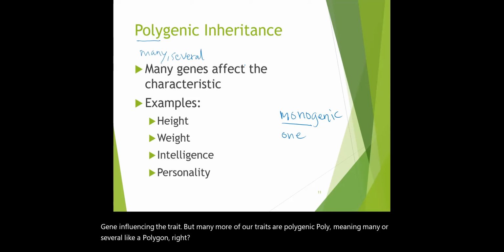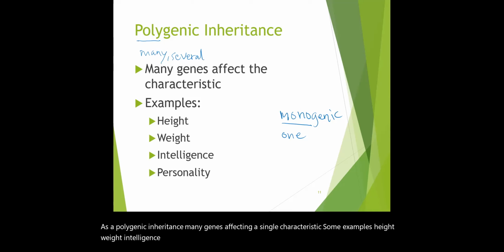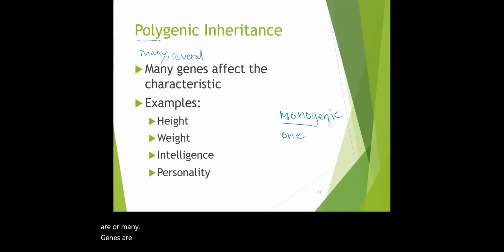So polygenic inheritance, many genes affecting a single characteristic. Some examples: height, weight, intelligence, personality, your risk of psychological disorders, things like that. Many genes are affecting one trait.